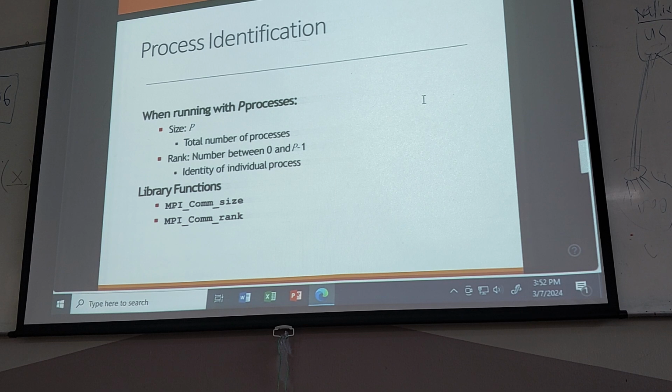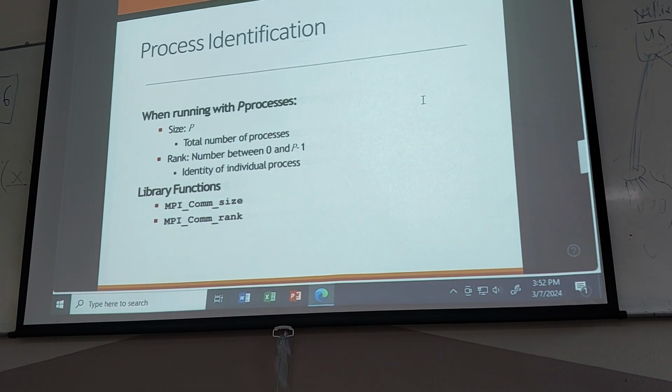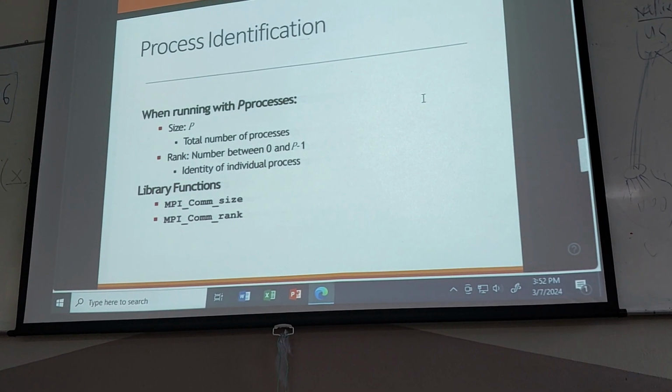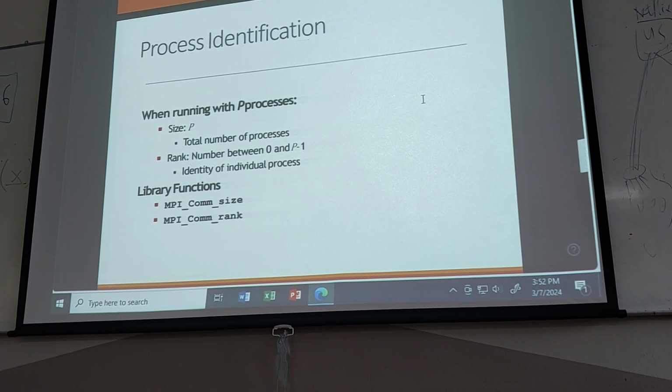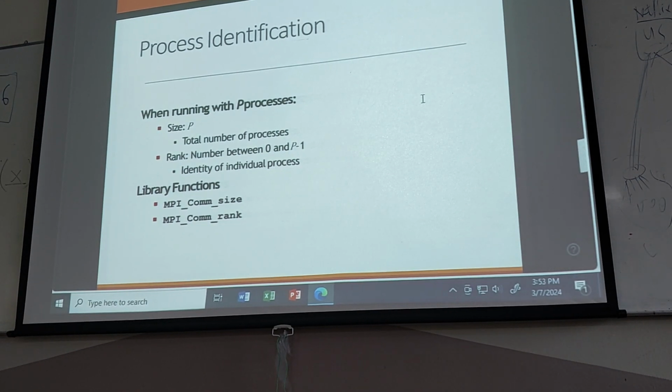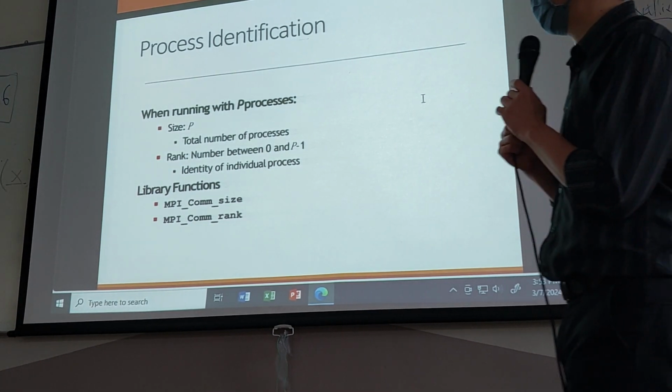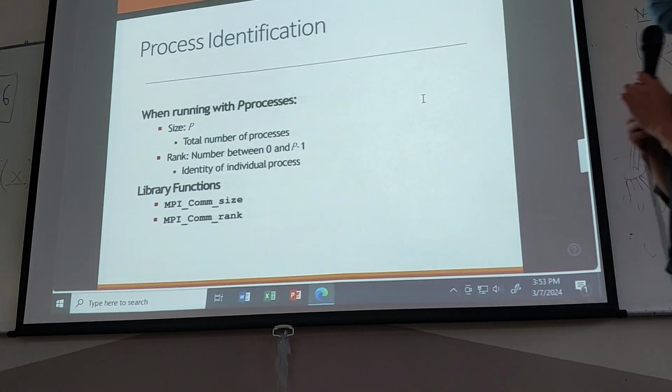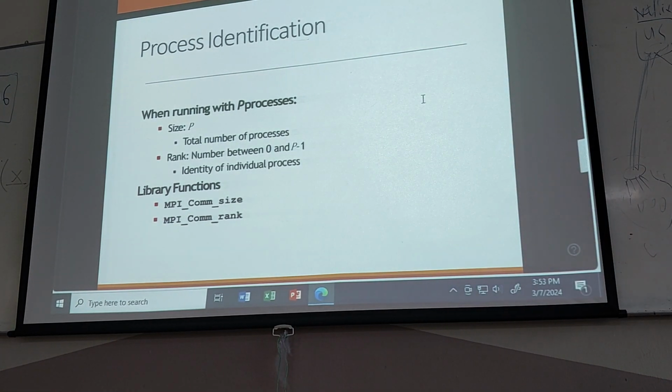Okay, for MPI, I mentioned to you already, the size is actually the number of processors and the number of threads running. The rank is the identity, the ID of your processor, the thread that's running. And this is the function that you use in order to get that information.